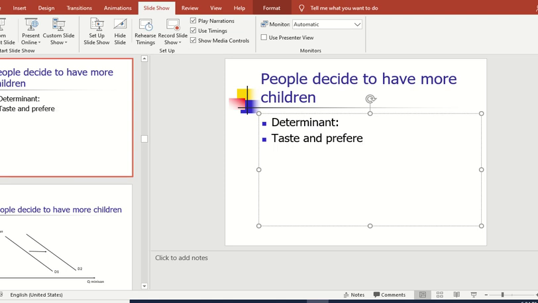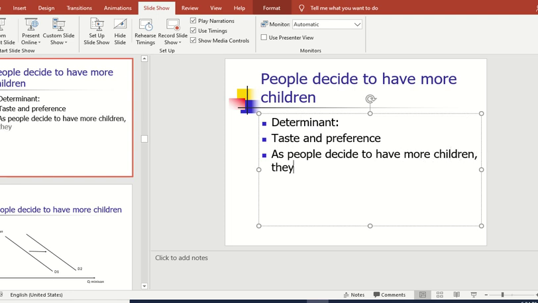Right? As people decide to have more children, they decide to have a larger family, they need more room, they like bigger cars. So as people decide to have more children, they prefer to have more space, a bigger car.